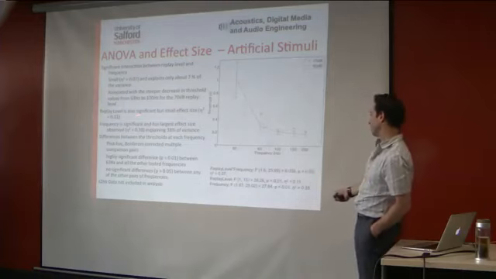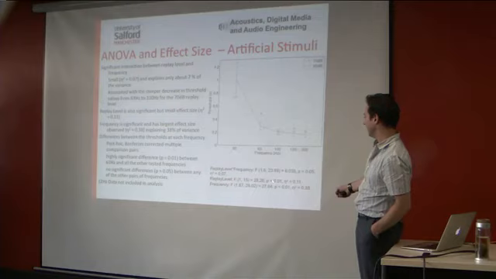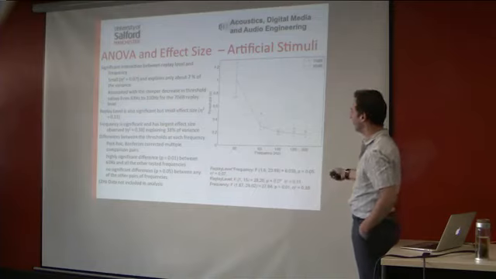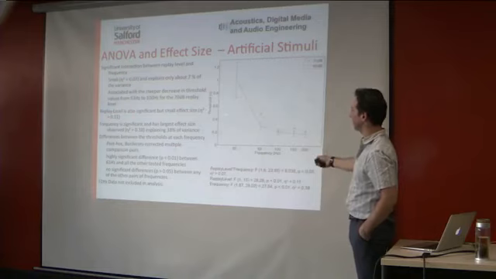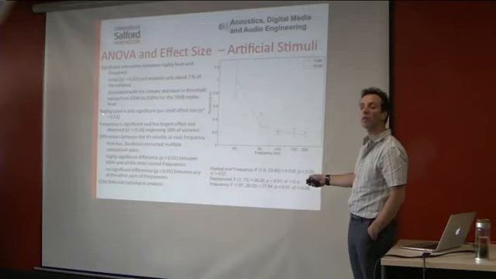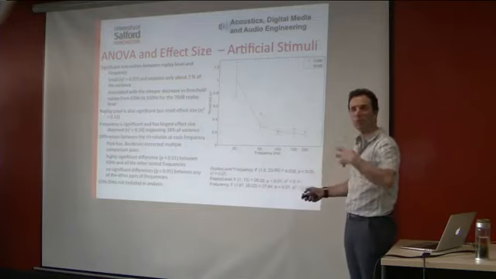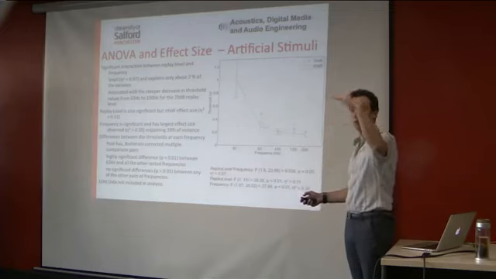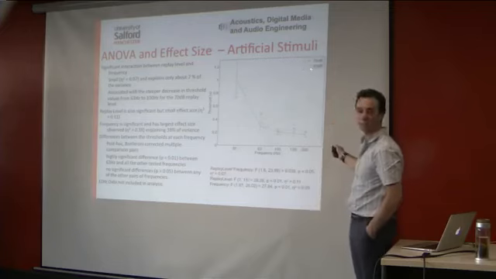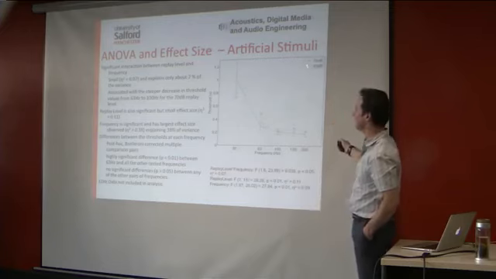It's got a probability below 0.01, so we know that replay level is different and excites different modal thresholds, but it has a very small effect size, which means it's not a very important aspect. But people still perceive thresholds differently, depending on whether you present a very quiet level or a loud level.